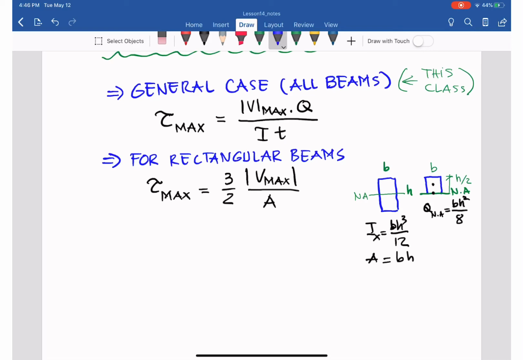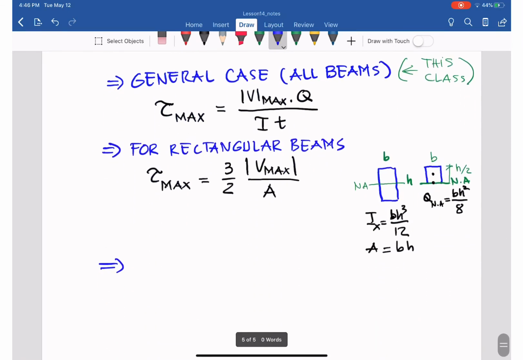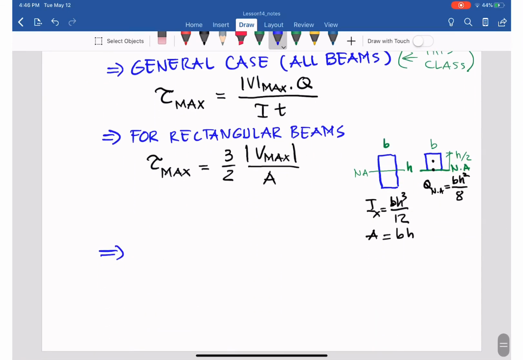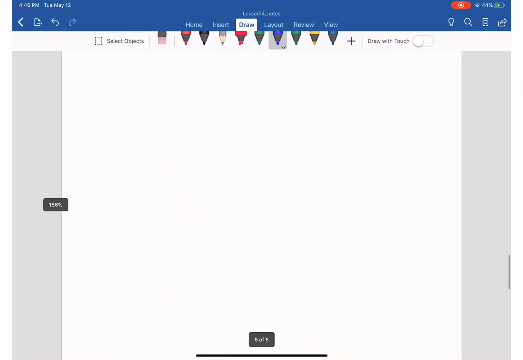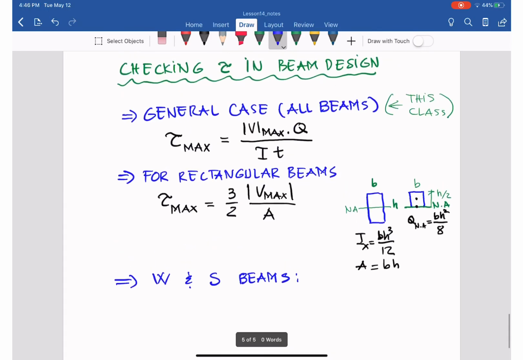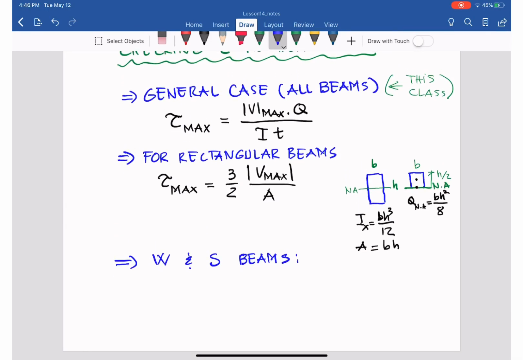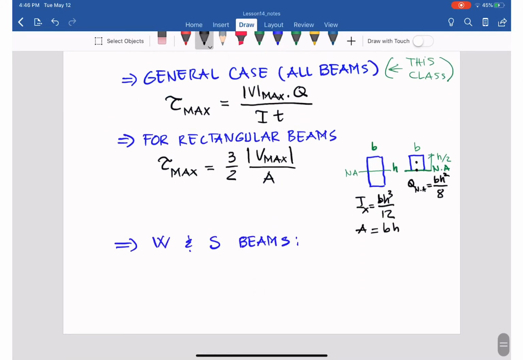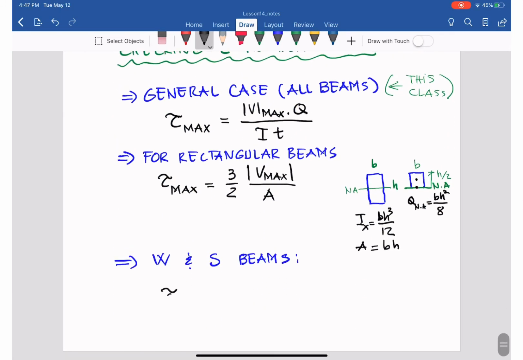And then for the approximation for the standard shapes, the wide flange and the American standard S beam: normally the most complicated one is what we did in step 2 earlier in problem 14D, which I will show you. But in real life, you can use a simple equation, which is more conservative.